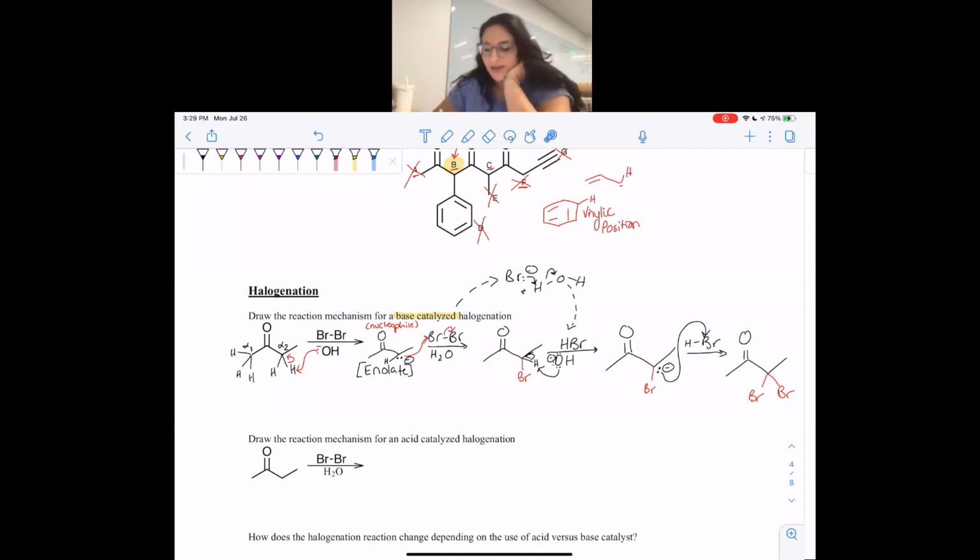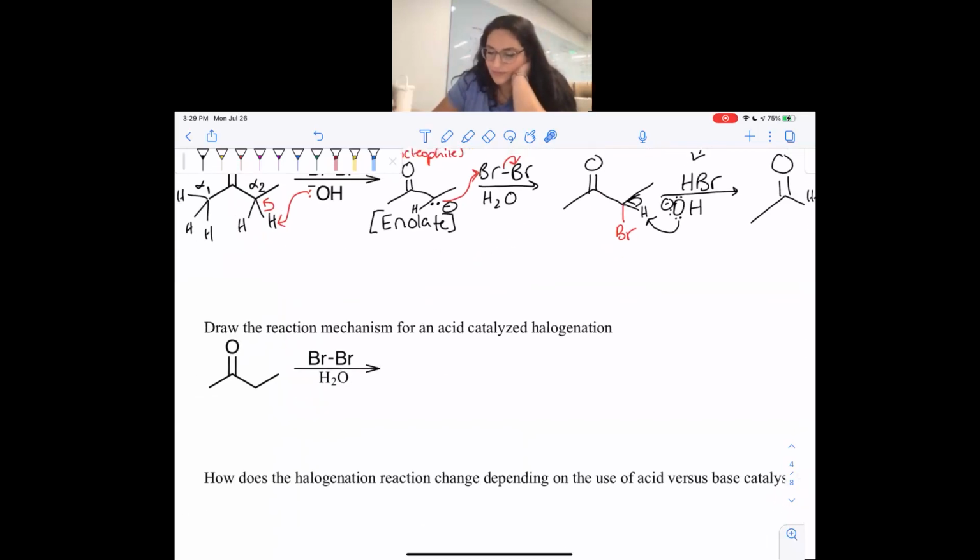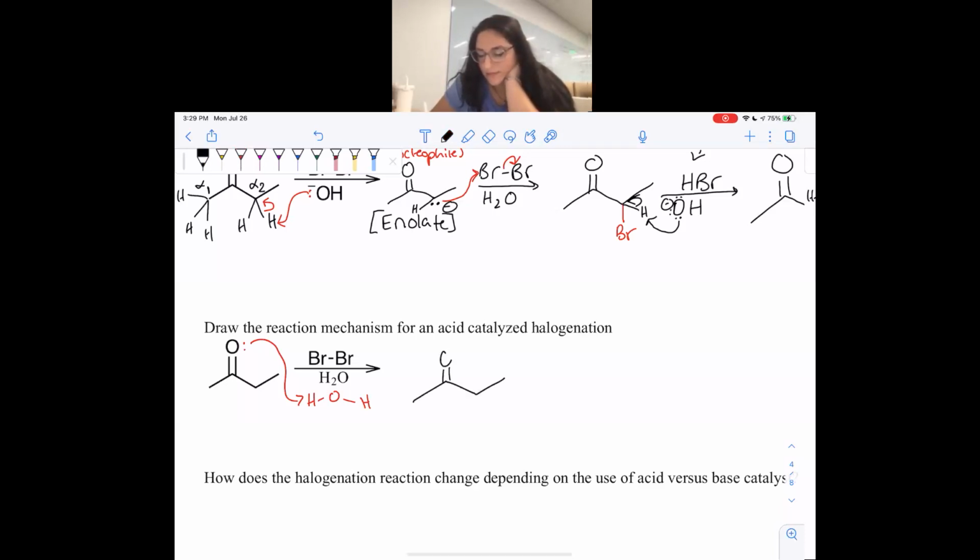However, if we do this in acid or just regular old H2O, I'm going to redraw this H2O just so it's easier to work with. Since it's an acid catalyst, the first step would be to go ahead and protonate. Once we protonate, we get OH plus.